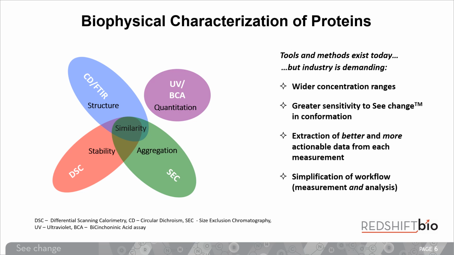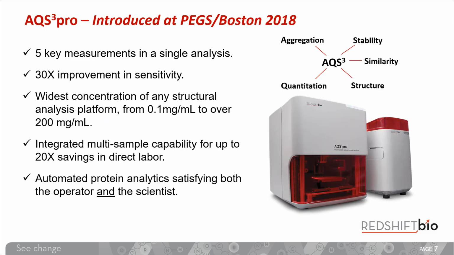On top of that, there's a desire for greater simplification of the workflow, not just in measurement, but also in analysis. To that end, we developed a new instrument called the AQS3 Pro, which we introduced earlier this year at PEGS Boston. It's capable of performing 5 key measurements in a single analysis. These include aggregation, quantitation, structure, similarity, and stability. It has over 30 times improvement in sensitivity relative to traditional IR methods and has the widest concentration range of any structural analysis platform, from 0.1 mg per mL to over 200 mg per mL.